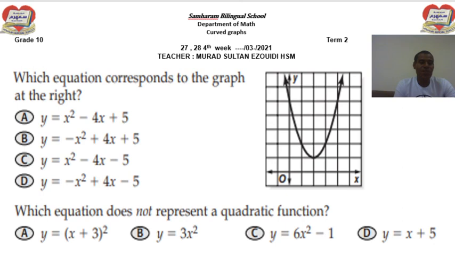When x equal minus 1, y equal 2 to the power minus 1, this is an index expression, but the index is negative. You will change it to a fraction with positive index, and this will be 1 over 2, which is 0.5. When x equal minus 2 here, y equal 2 to the power minus 2, it will be 1 over 2 to the power 2, it will be 1 over 4, it will be 0.25.